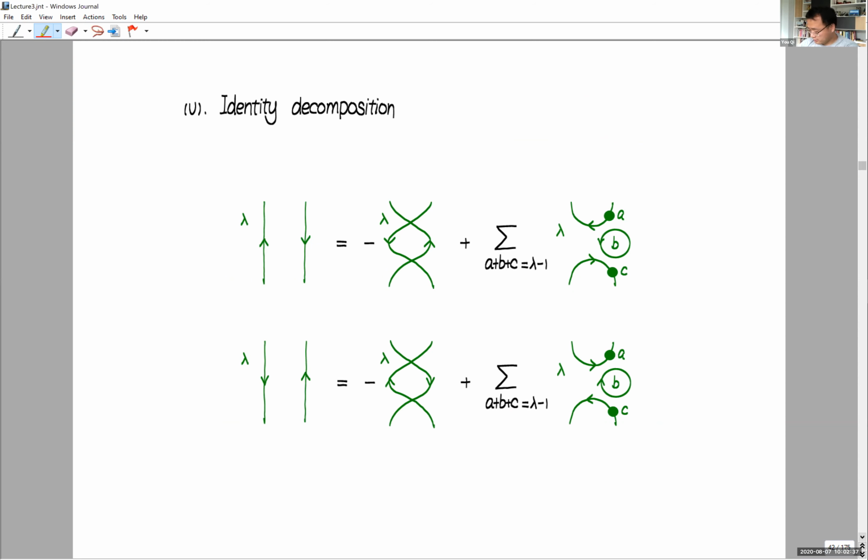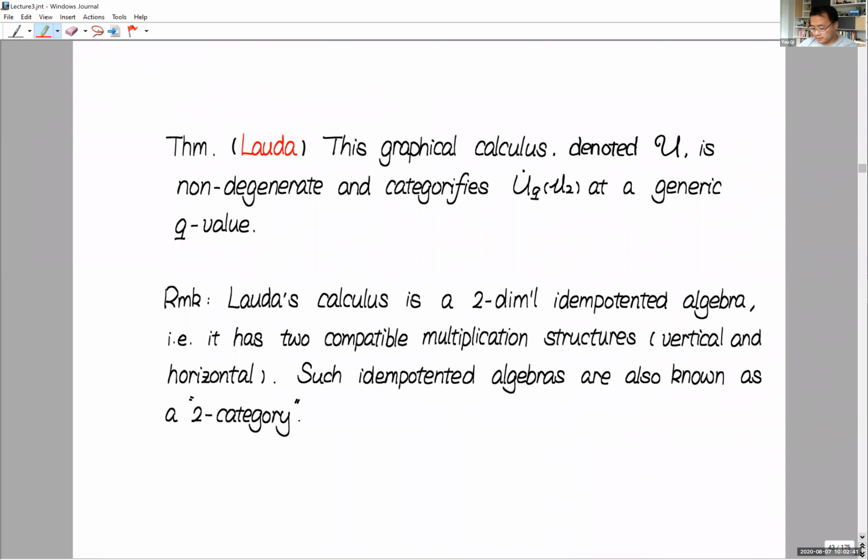Using these relations, we have seen that in the abelian case, or in the generic q case, this graphical calculus of Lauda, or more generally Khovanov-Lauda-Rouquier, gives you categorification of U_q(SO2), or more generally U_q of a Kac-Moody Lie algebra at generic q value.